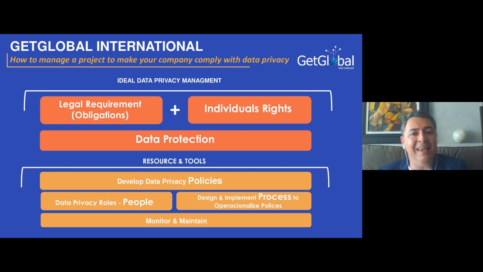So this core business won't have a huge impact from a data privacy law.